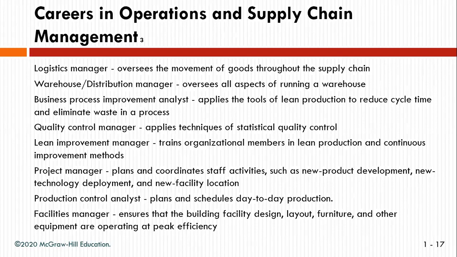A quality control manager applies statistical quality control techniques to minimize defects in the products. A lean improvement manager usually trains the organization's members in lean production and continuous improvement. We will touch on all these subjects, so we will have a general understanding of them.